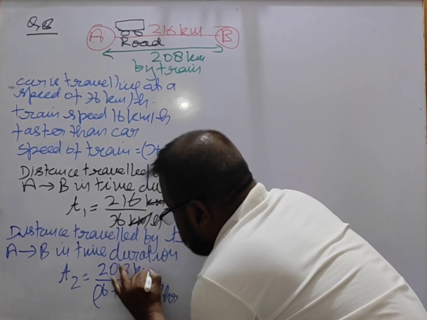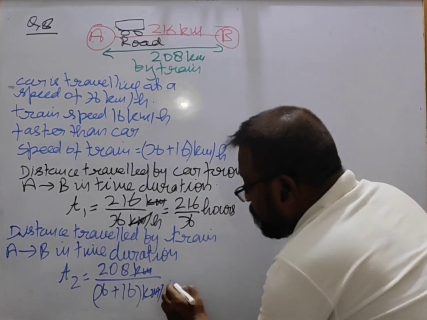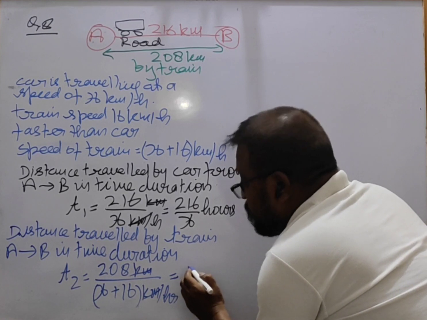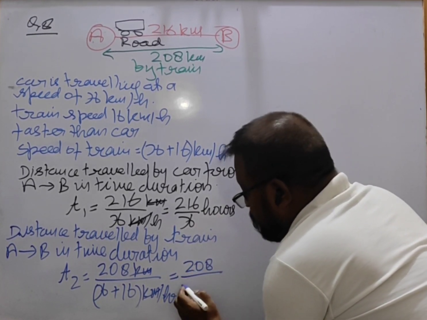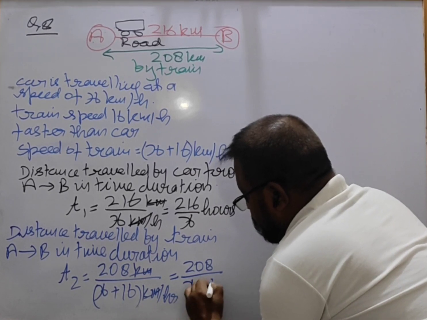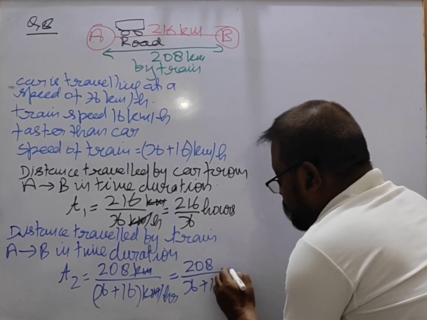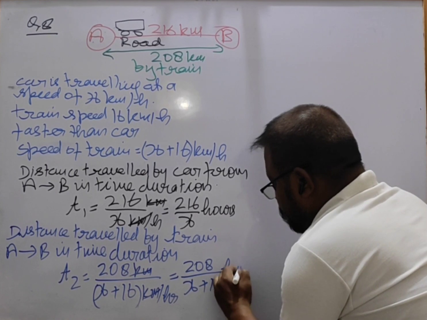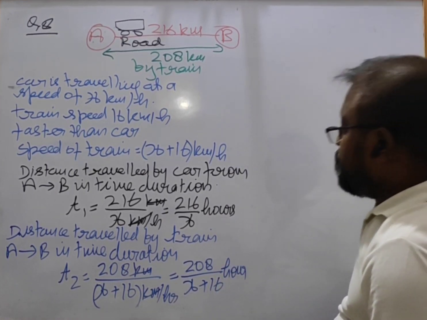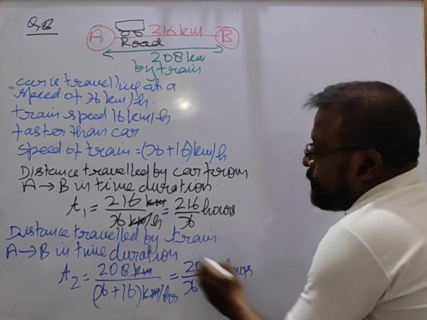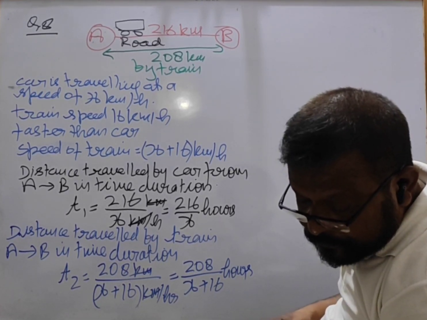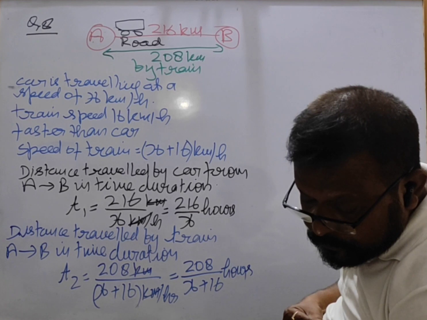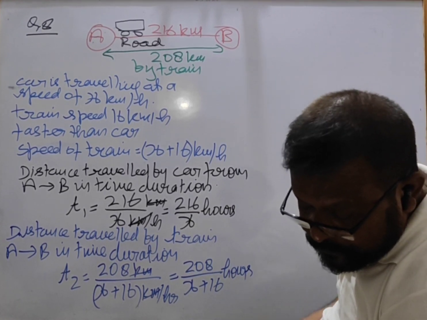So kilometer and kilometer is cancelled out, so it becomes 208 upon x plus 16 hours, right? So this is the time taken by train. So what is the question? This is the question only.